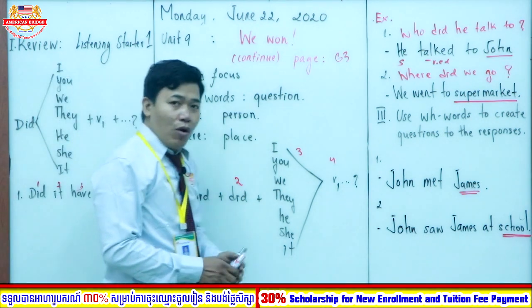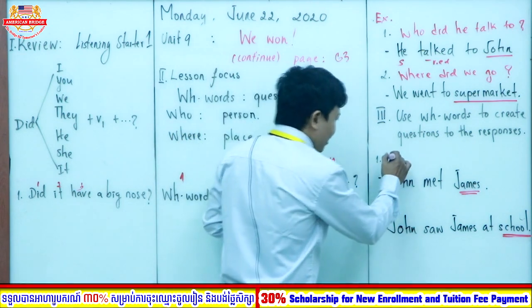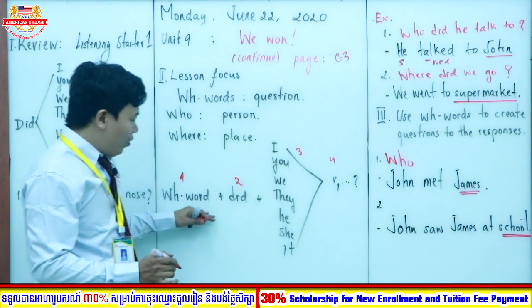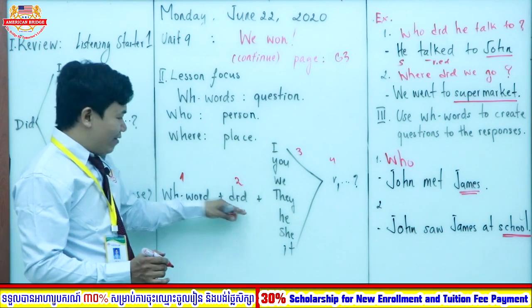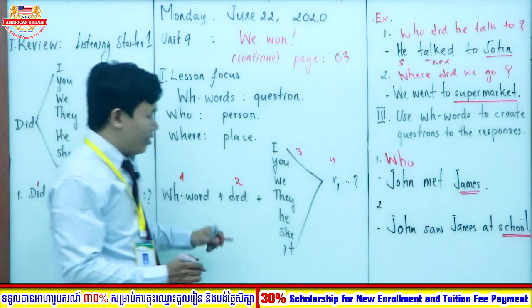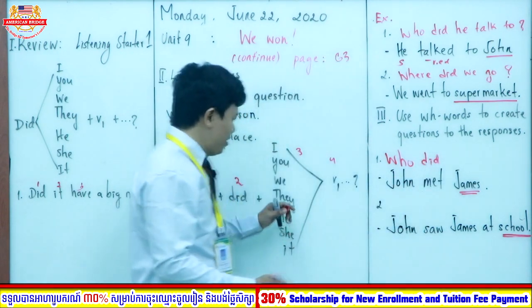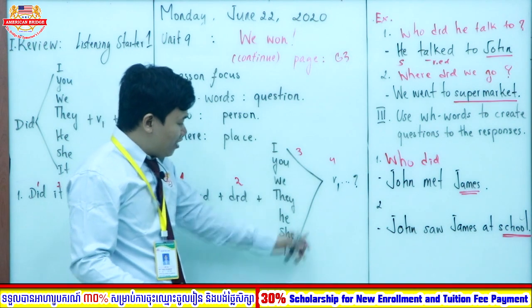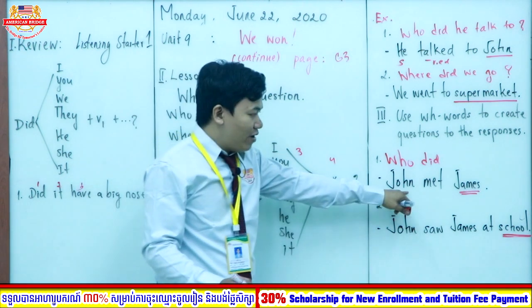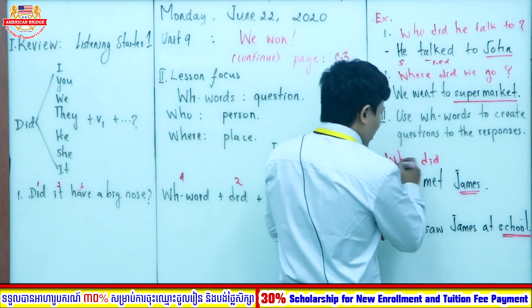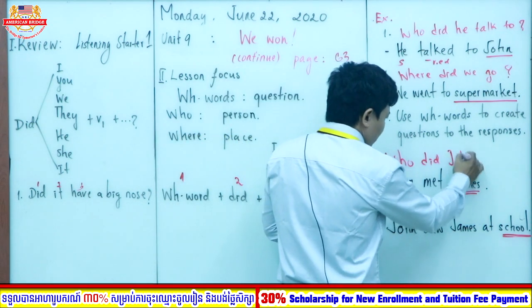So, by the form, where should we put who, everyone? Great. We need to put who at the beginning of the sentence. Okay, after who, we put did. You can look at the number here. Who did? And then subject, right? Here is subject pronouns, but we have a subject already. So you just put the word John.